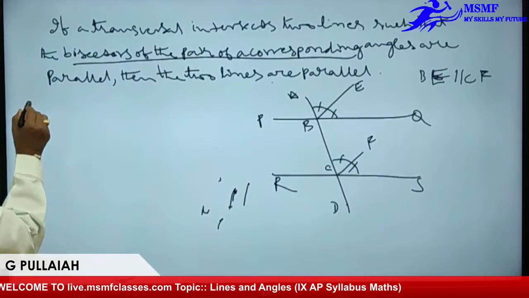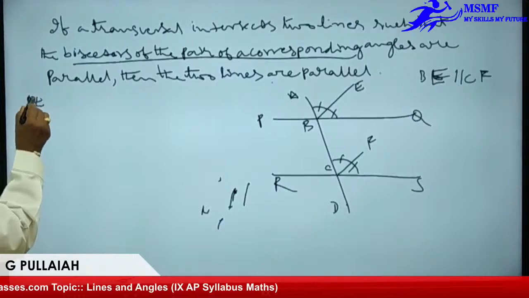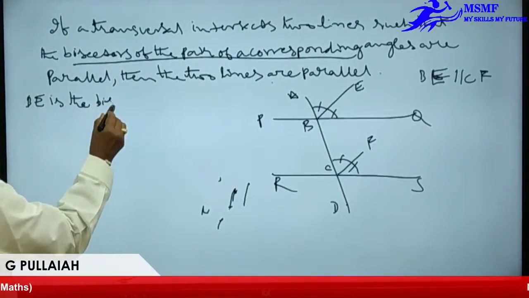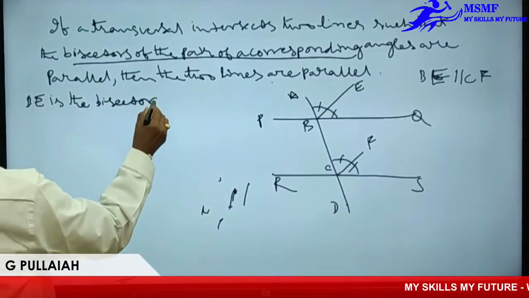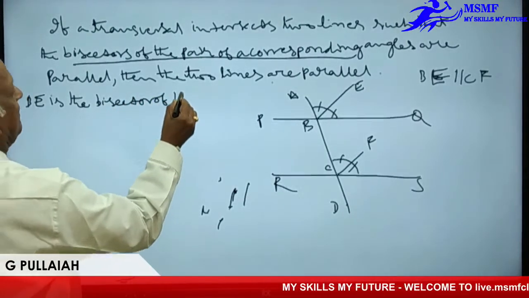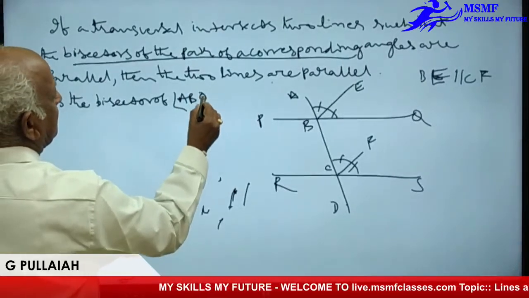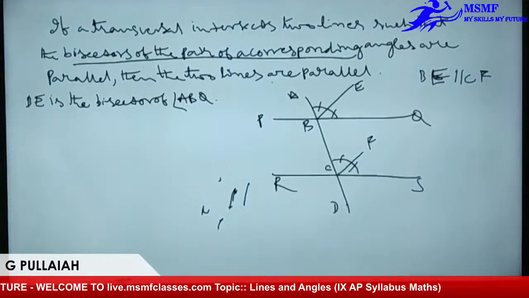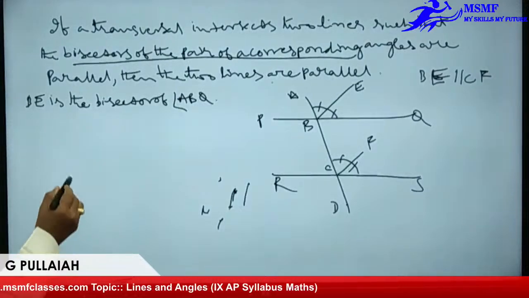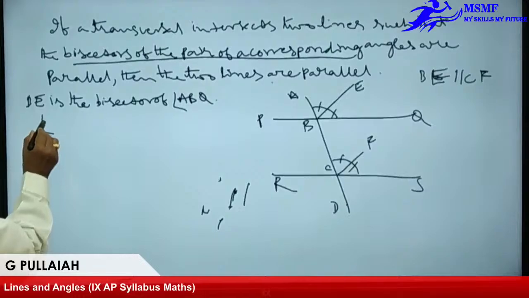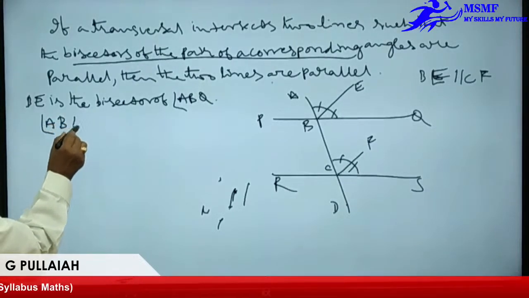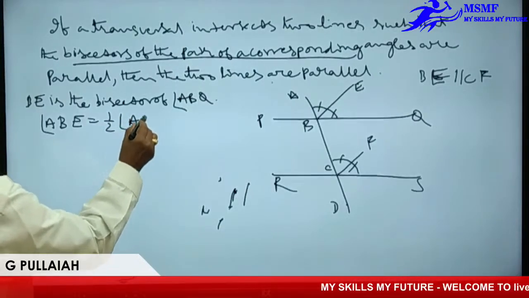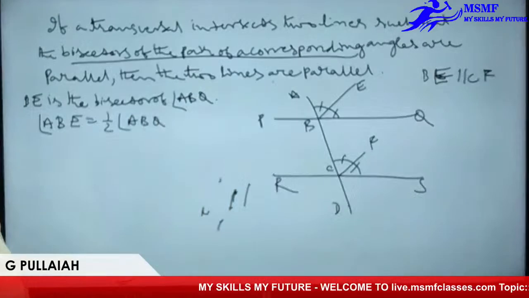Now let us see. Here it is given that BE is the bisector of angle ABQ. If BE is the bisector of ABQ, we can say that angle ABE is half of ABQ.